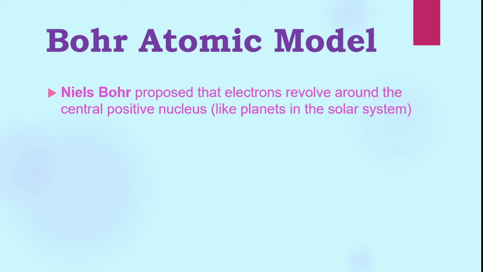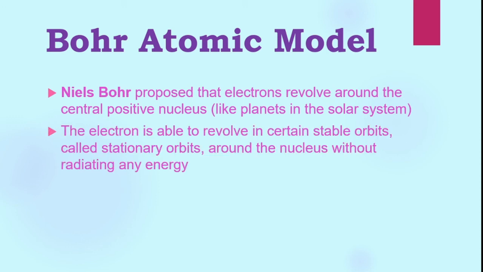Here, the electrons move around the nucleus by electrostatic force, that is, Coulomb force. The electron is able to revolve in certain stable orbits called stationary orbits around the nucleus without radiating any energy.